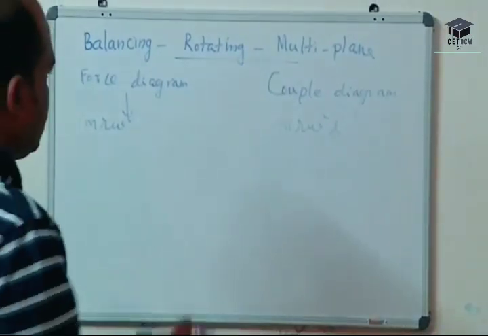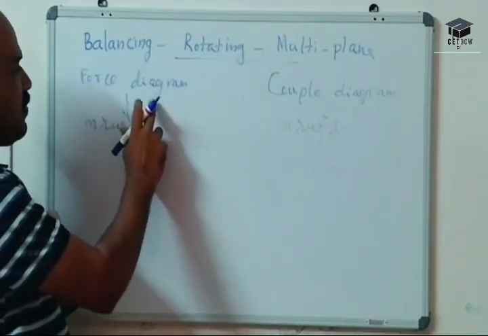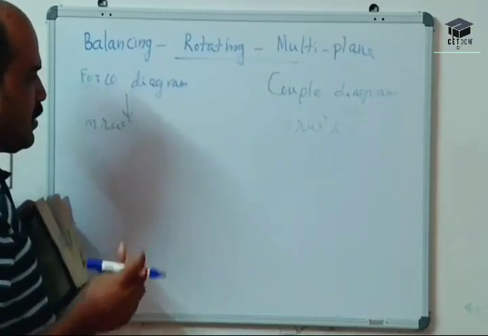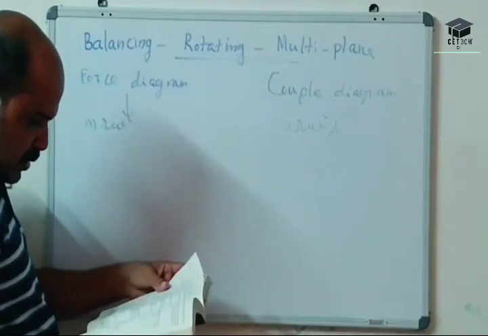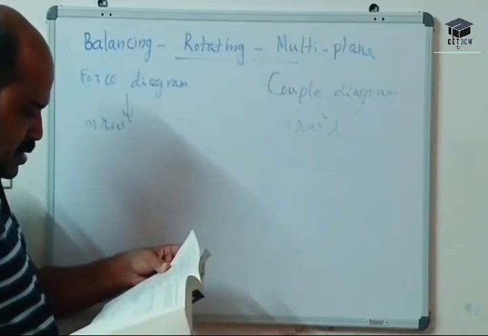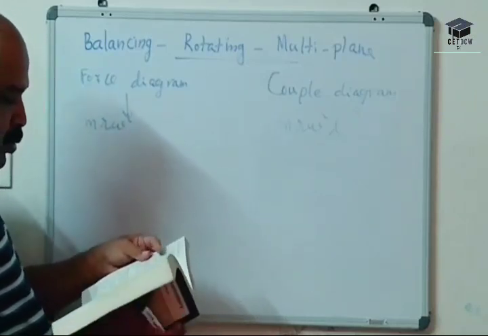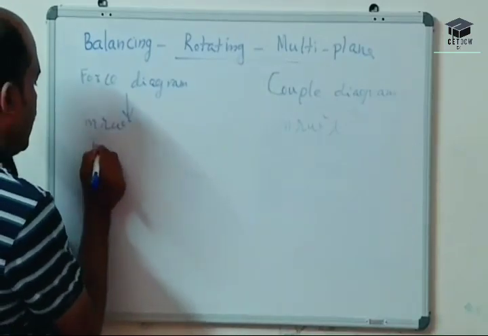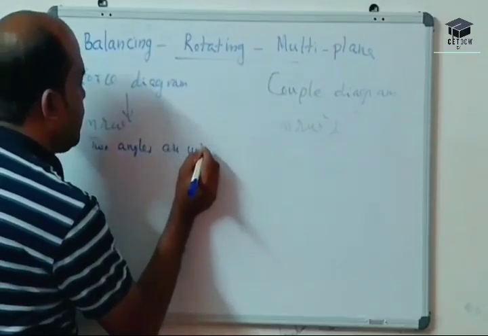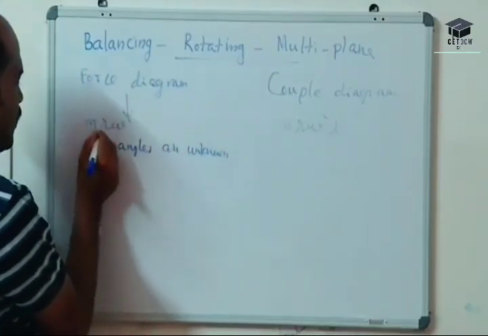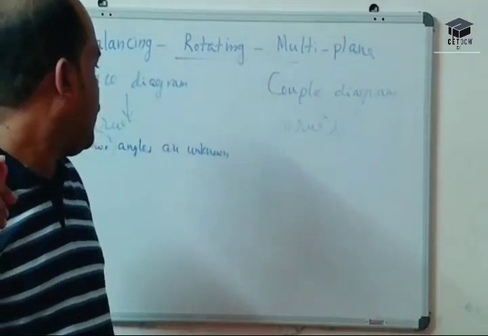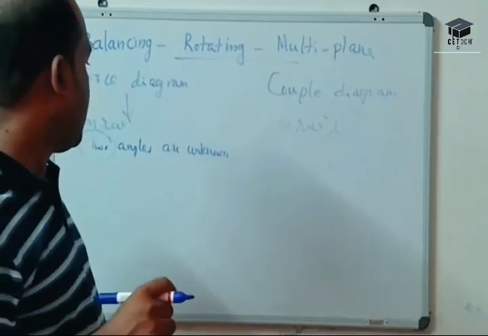So you can either start from the force diagram or from the coupled diagram. It depends on the problem. In the given problem, two angles are unknown. When two data are missing, you cannot start from the force diagram.